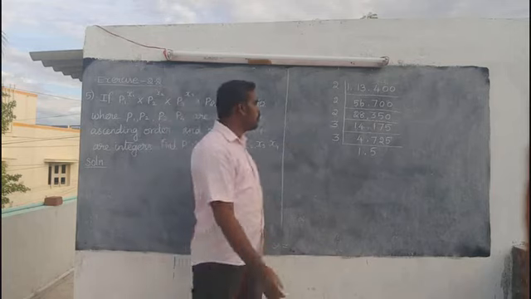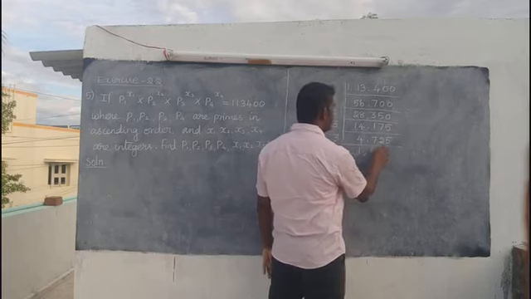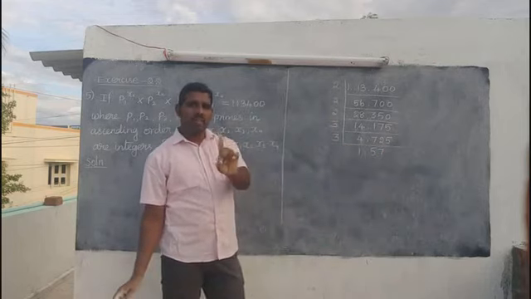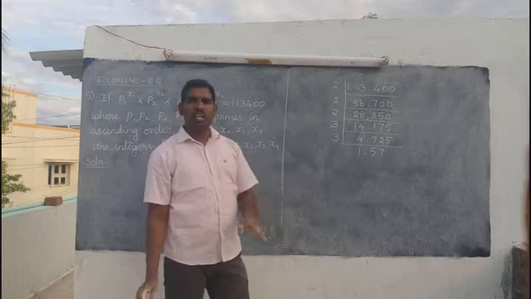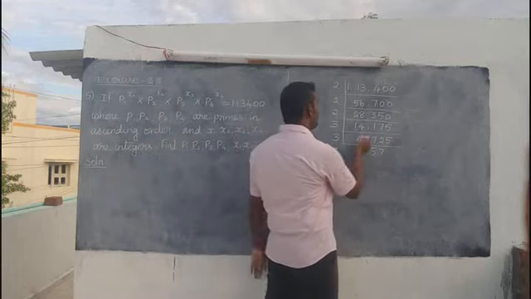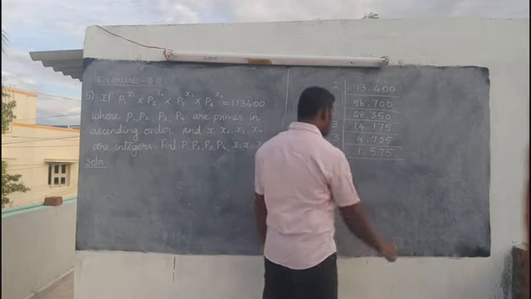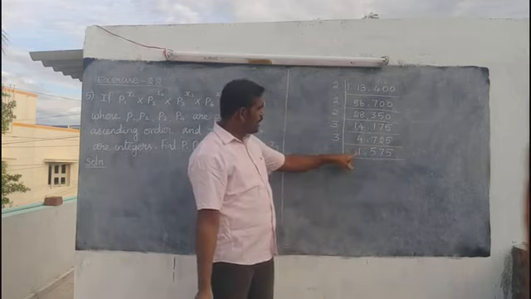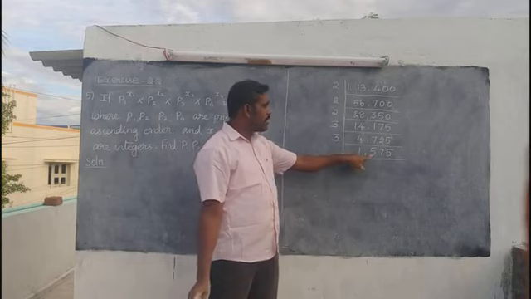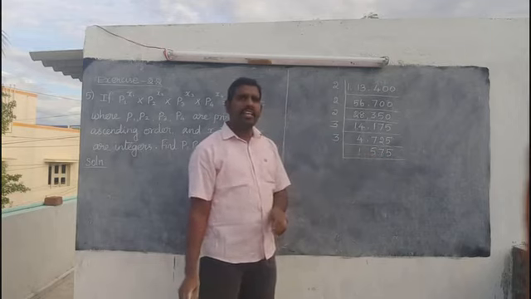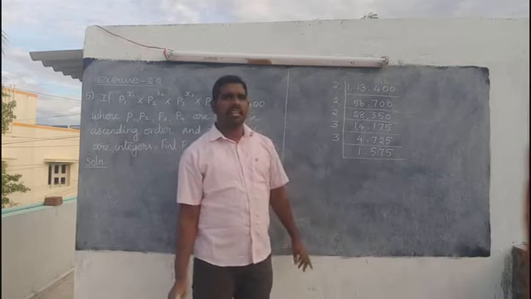In 22, 3 goes 7 times, 7 threes are 21, remainder 1. So the next value becomes 15. In 15, 3 goes 5 times. Now we add the digits: 1 plus 5 is 6, 6 plus 7 is 13, 13 plus 5 is 18. This is also divisible by 3.